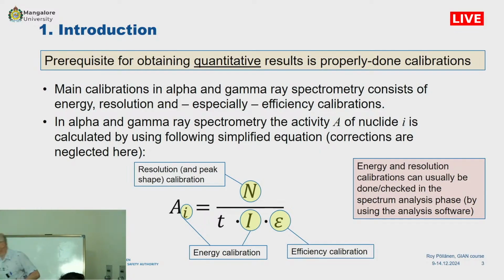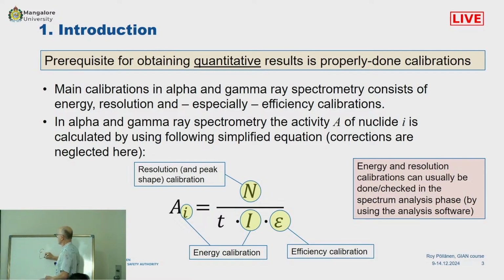So if you solve efficiency from this equation, it gives you efficiency is N over T I, which is the gamma or alpha yield, and A activity.